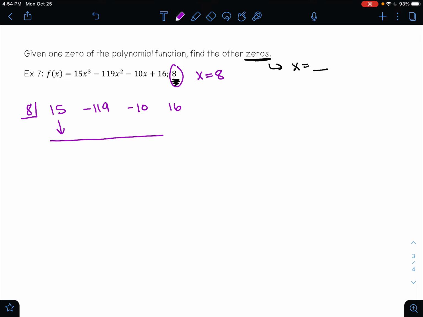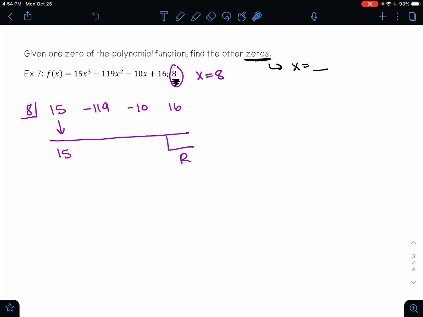I'm going to go ahead and bring down that 15, and whatever I get here is my remainder. Again, my remainder should be 0 because they're telling me this is a 0. When you plug in 8, 8 should be one of your x-intercepts, so you should get a 0 here. Let's check it and see what happens.